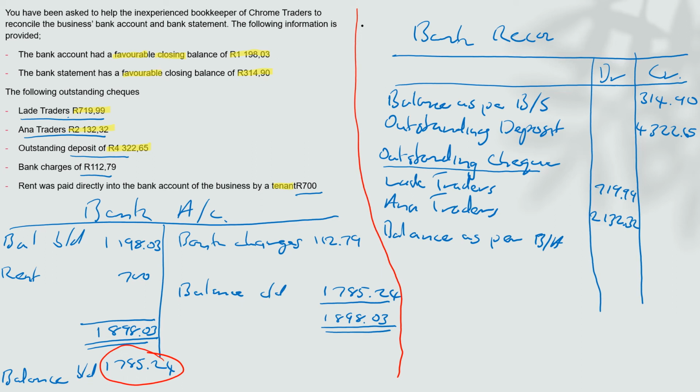If you are required to update the bank account but you have been given the closing balance, then there's no need. So we use that amount. If it's balance BD and it's negative, it goes on the credit side, and if it's positive, it goes on the debit side. That is basically the opposite of the balance per bank statement. So here it's favorable, on the debit side, the balance brought down.